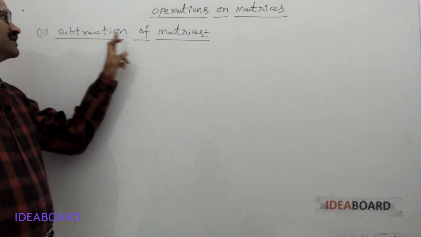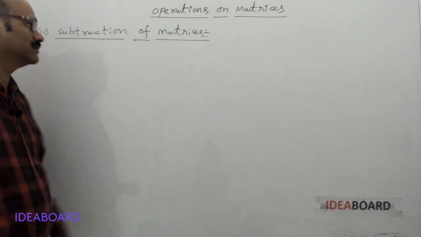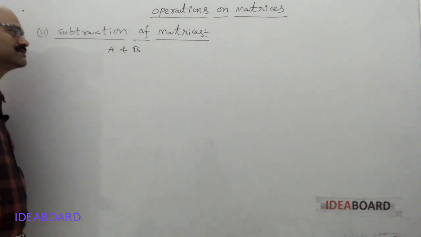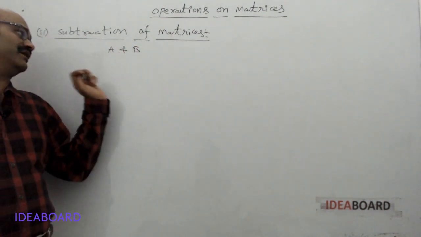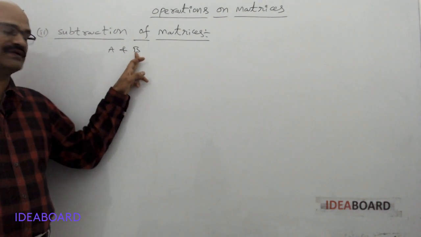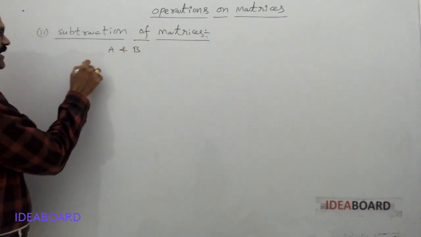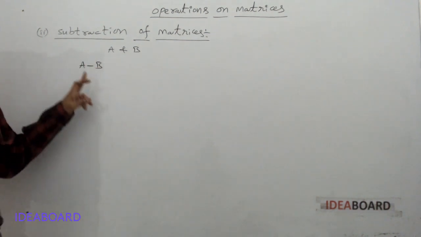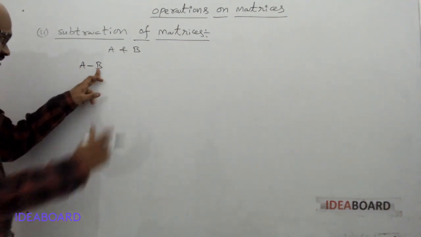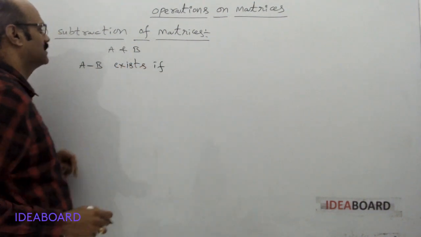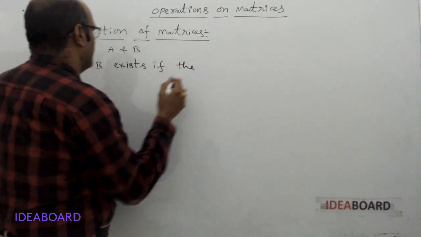Next one, subtraction of matrices. If A and B are any two matrices, the subtraction of the matrix B from the matrix A is denoted by A minus B. A minus B exists if the orders of A and B are same.